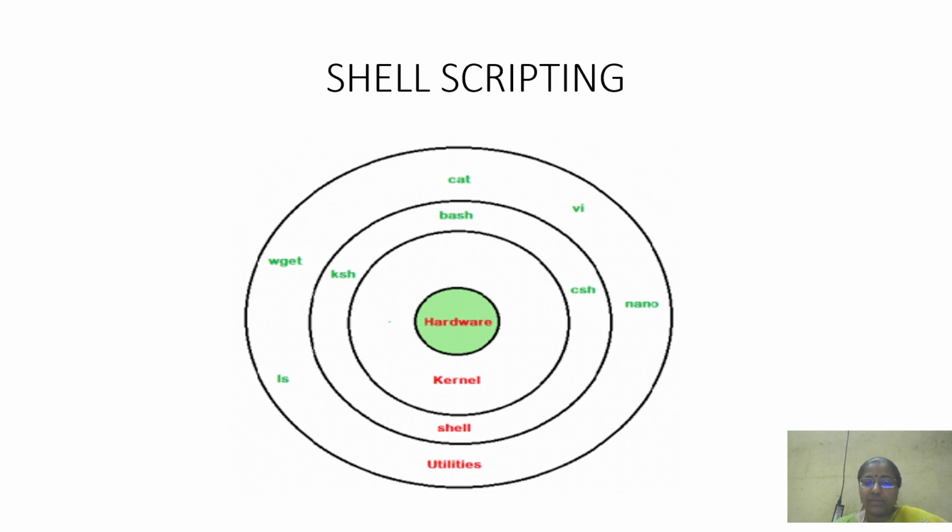The various shells available are the bash shell, SH, which is the initially developed shell, followed by bash shell, KSH, and C shell. Based on user utilities, such as editors, the user can write programs: vi editor, nano editor, gedit, cat, and ls. These are some of the utilities the user can use.